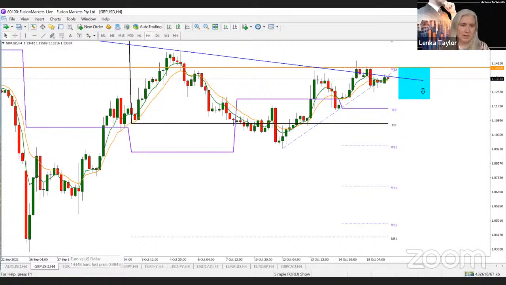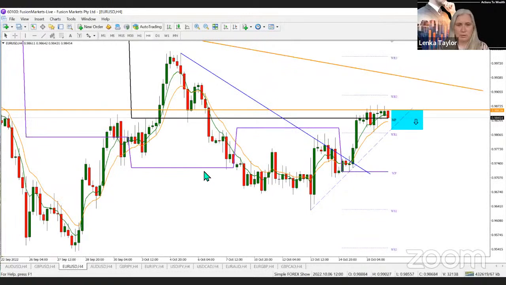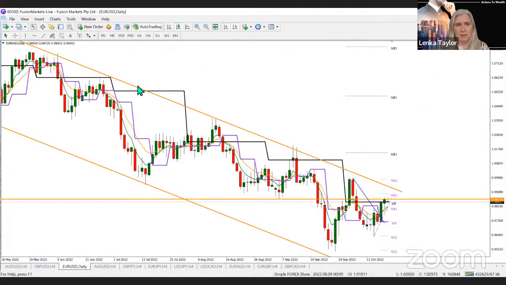Next currency pair I'm looking at is Euro USD. And on Euro USD, I'm also looking at short opportunities. Here I can see this channel, and we're towards the top of that channel.